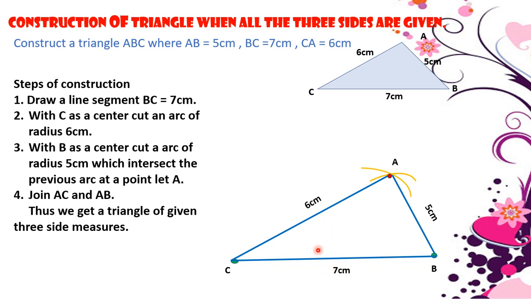We can take any one of the sides as a base, and further, by taking the radii, we cut two arcs which intersect at a point, and that will be the third vertex of the triangle. So I hope you are able to construct the triangle when the three sides of the triangle are given.